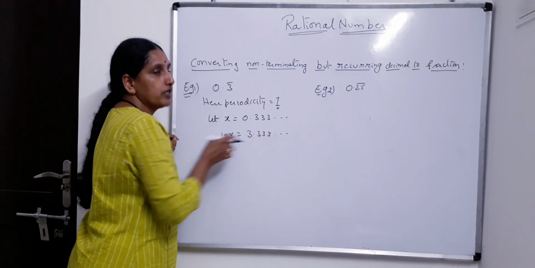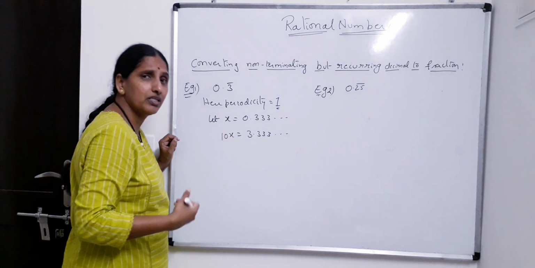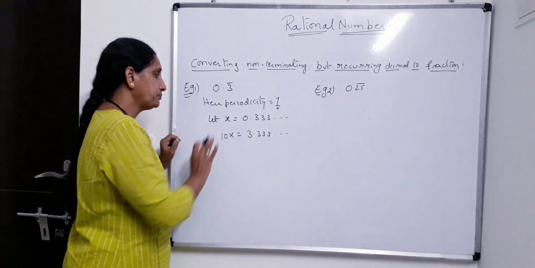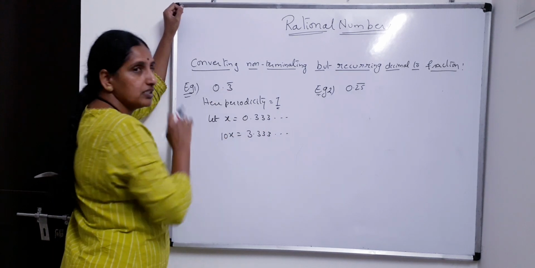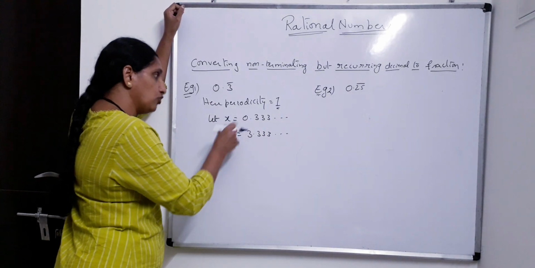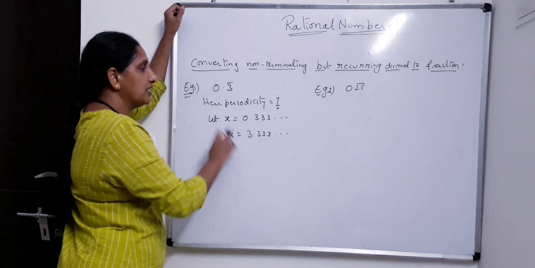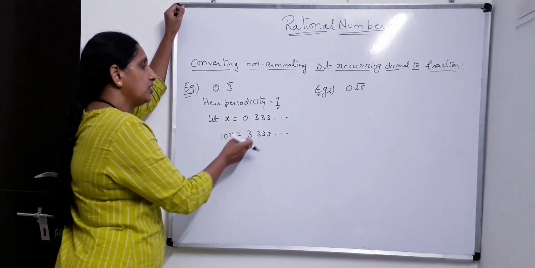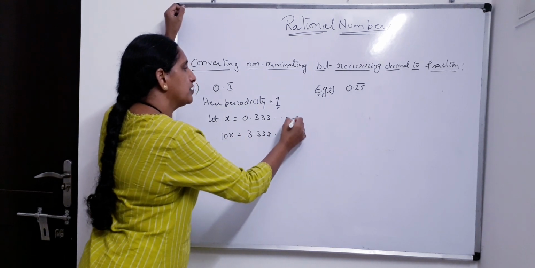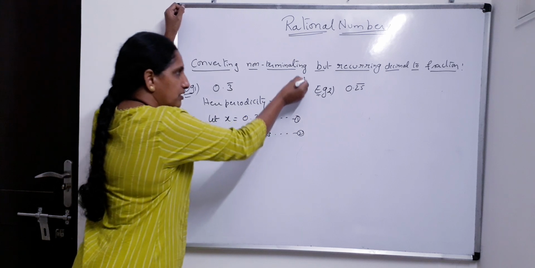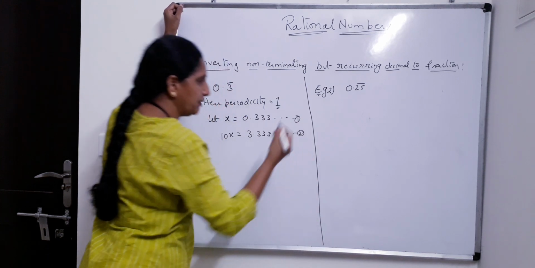Those many you take, so that it will be easy for you to further simplify. So now we have x is equal to 0.333, that is 0.3 bar. 10x is equal to, of course, 3.333 because we are multiplying this by 10. Now let this be equation 2 and this be equation 1.